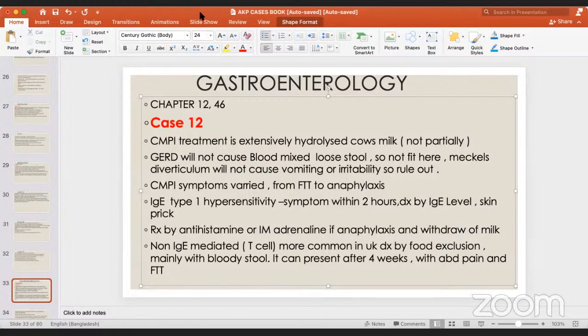I will exclude this cow's milk and I'll see whether the treatment is effective or not. Mainly with bloody stool. We know bloody stool is T-cell mediated. It is not IgE mediated. It can present after 4 weeks with abdominal pain and failure to thrive. This child has a history of bloody diarrhea for a short period of time.